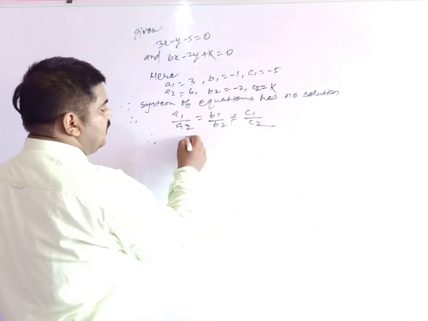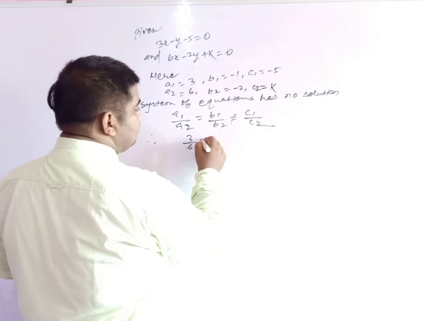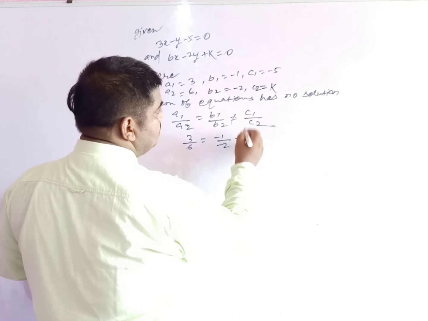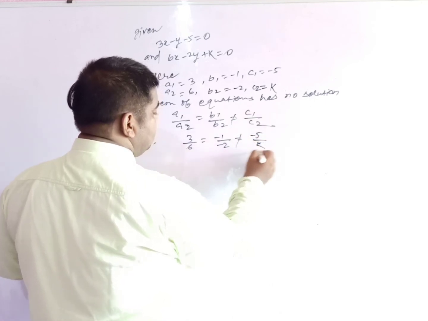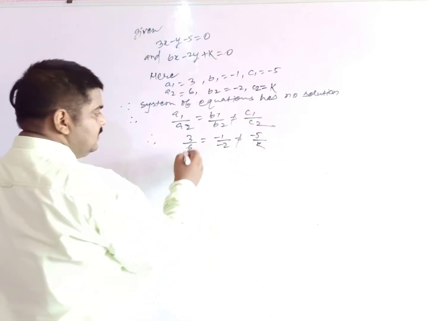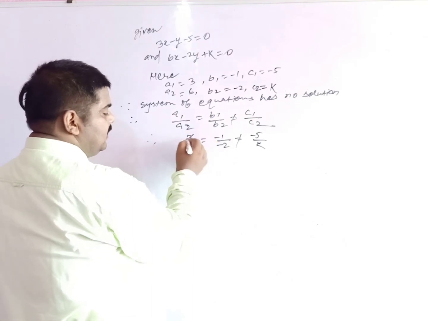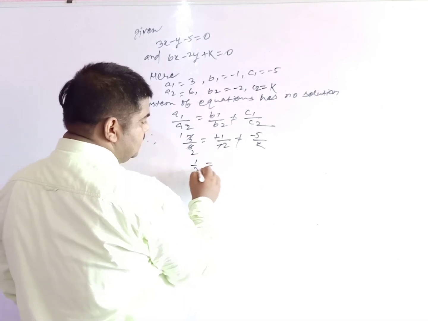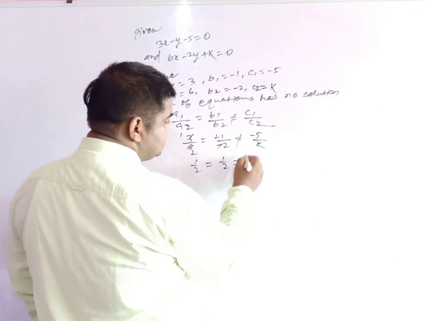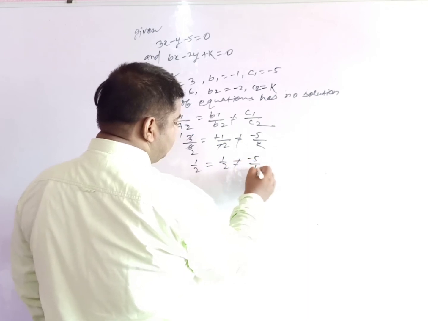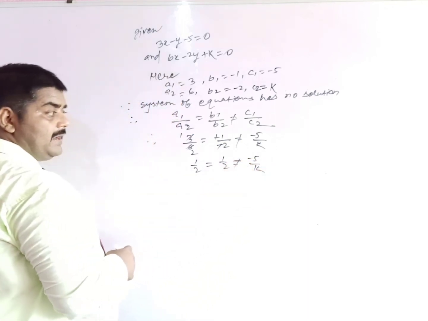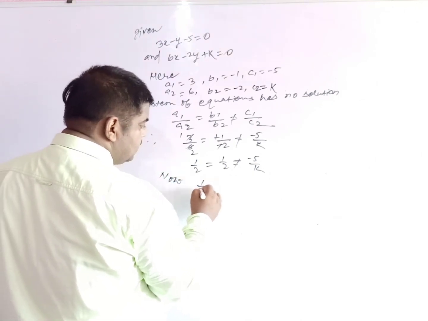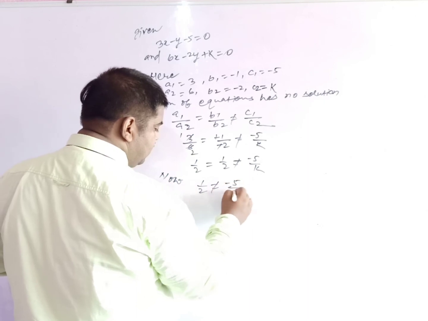And therefore, putting all these values, 3 upon 6 is equal to minus 1 upon minus 2 does not equal minus 5 upon k. You can see that these two are equal, because if you cancel, 1 upon 2 equals 1 upon 2, which does not equal minus 5 upon k. To find the value of k, 1 upon 2 does not equal minus 5 upon k.